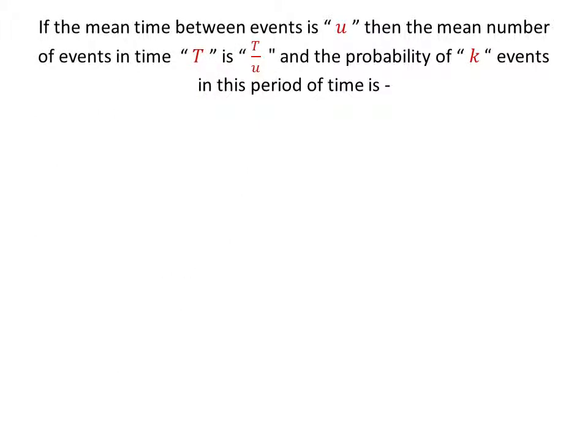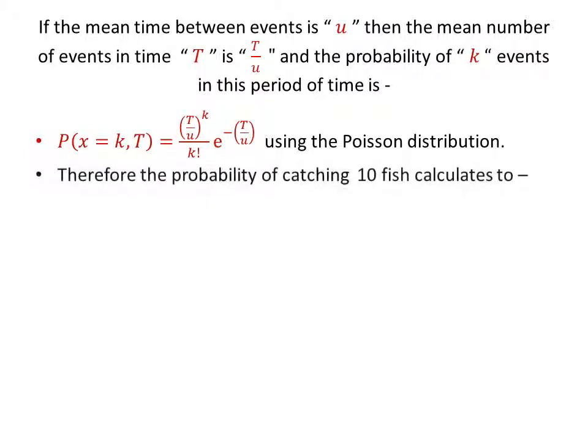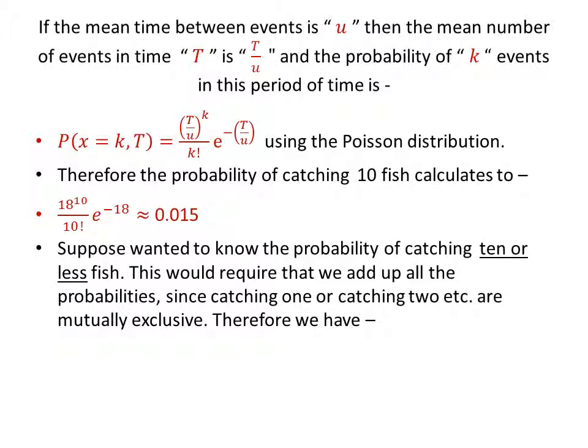In general then, if the mean time between events is given by u, then the mean number of events within time t would be given by t divided by u, and the probability of k events in this period of time would then become, using the Poisson distribution formula, given by what I'm circling here. Therefore, the probability of catching 10 fish calculates to 18 to the 10th power over 10 factorial times e to the negative 18, which is approximately 1.5%.